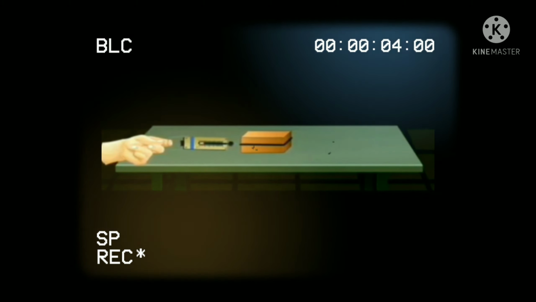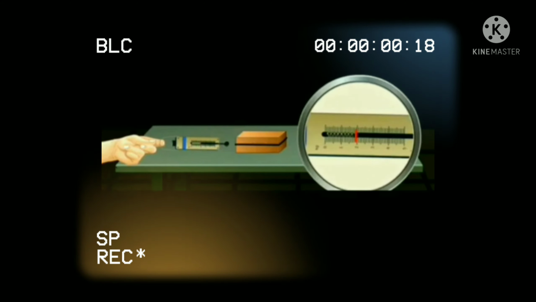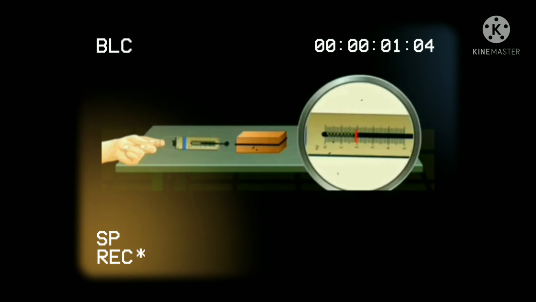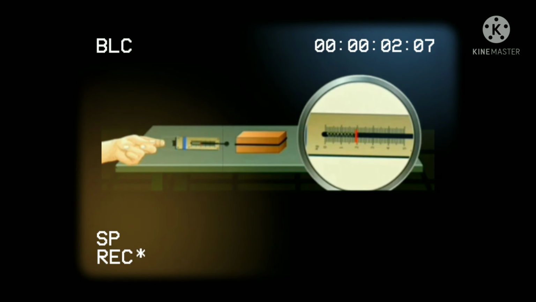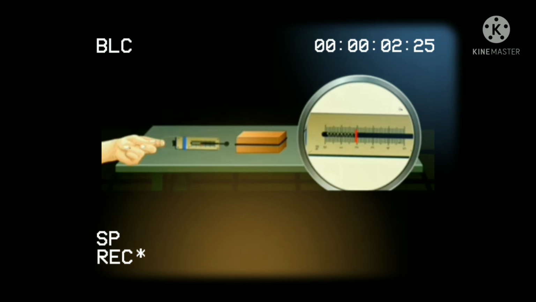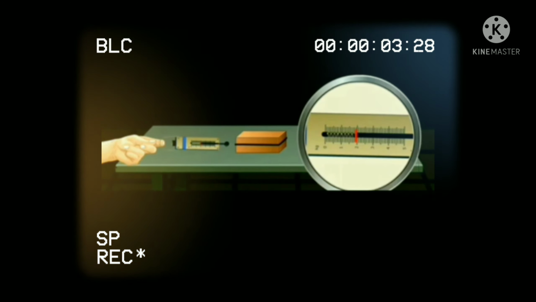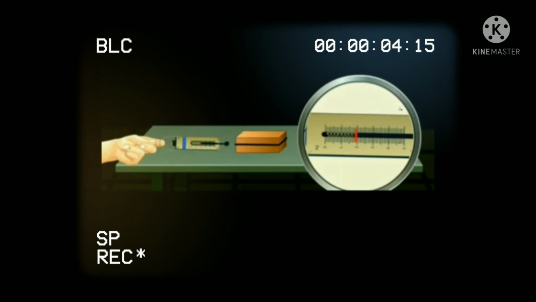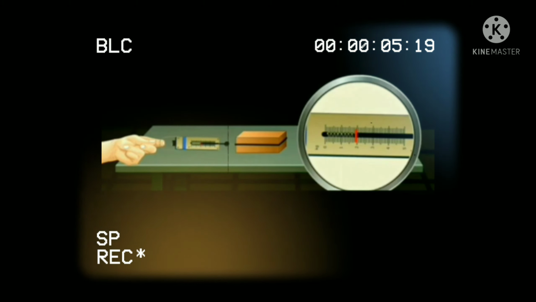Pull the spring balance until the wooden block just starts to move. Note the reading on the spring balance at this particular point. This gives us the value of friction. By this method, we can find the force of friction for any object on any surface.